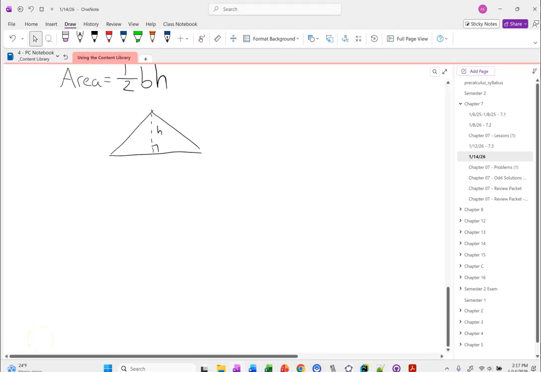I'm going to present to you guys two new area formulas for a triangle that you can use that don't require the height.